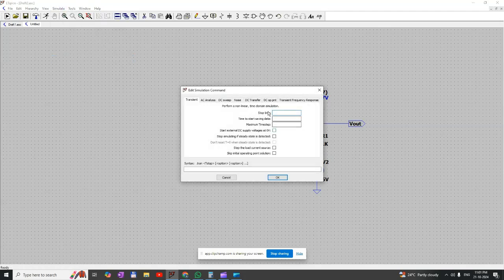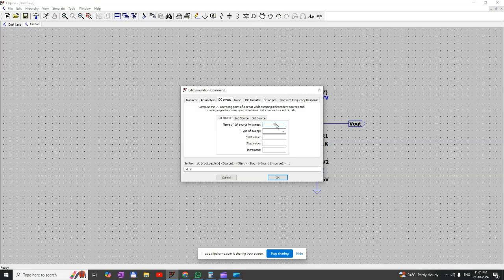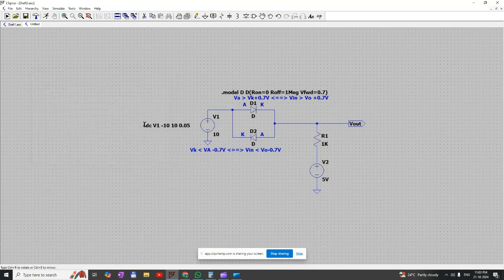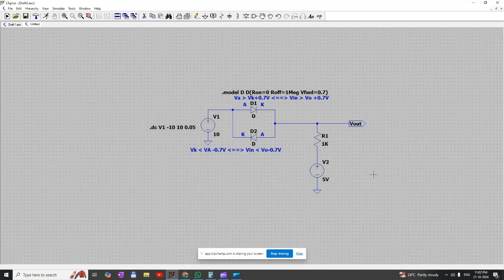The DC sweep of voltage V1 changes linearly, varying from minus 10 volt to plus 10 volt with an increment of 50 millivolt. So what will happen in this case?